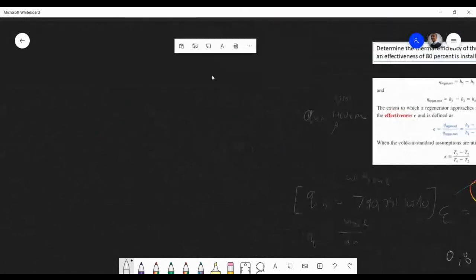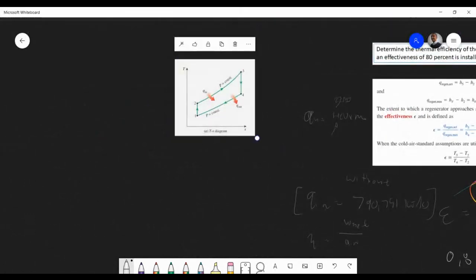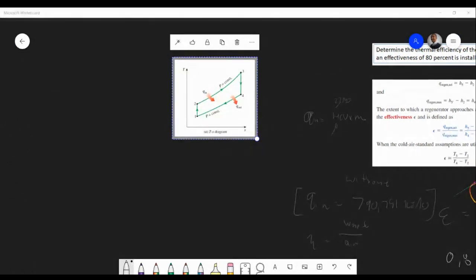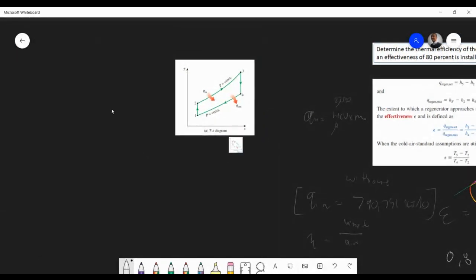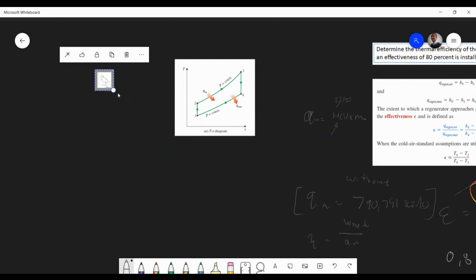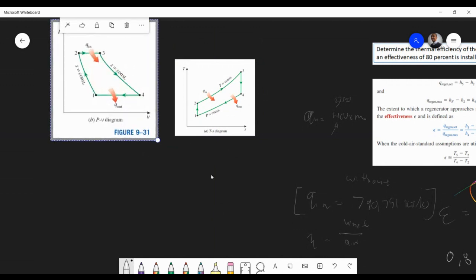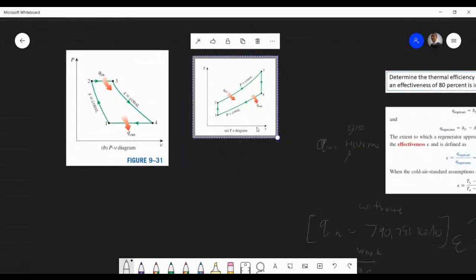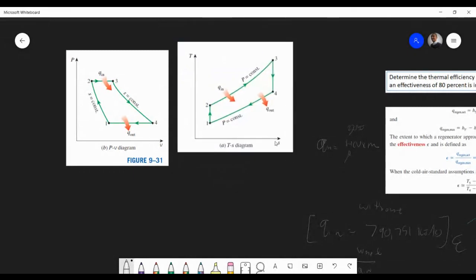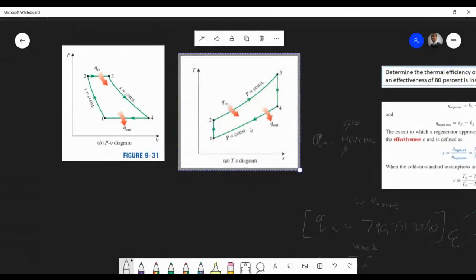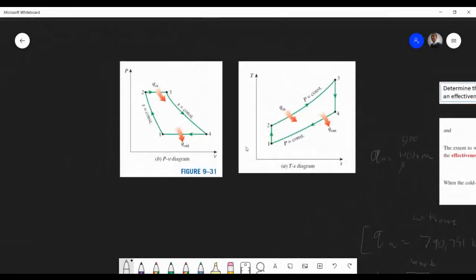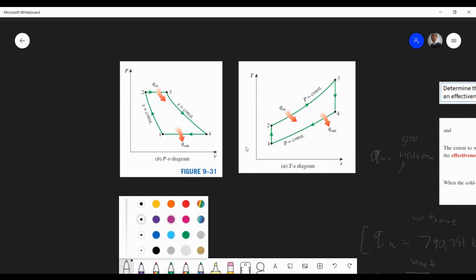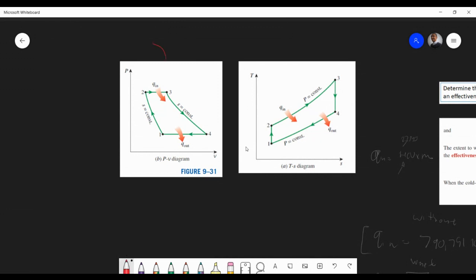Obviously, I said I'll mention this to you again. So this is a TS diagram, and I'm also going to point out the PV diagram. I'm going to go holistic again. With your PV diagram, we normally look at pressure and volume, and we normally use this for first law analysis.